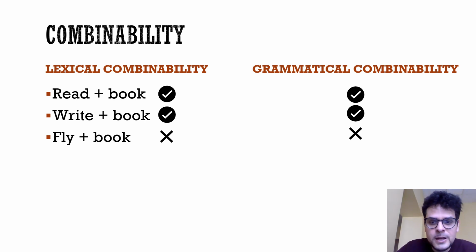So basically, apart from say Duolingo and surrealist poetry and maybe fairy tales, we would not accept a combination such as to fly a book, just because there is too much semantic distance between the verb and the noun.